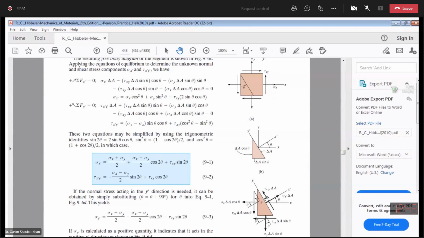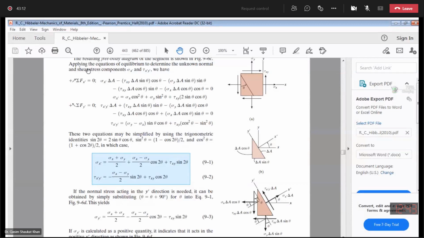These two forces are oriented about the x dash and y dash axes, whereas these four forces are oriented along the x and y axes. So we need to resolve these forces into their components about the x dash and y dash axes.